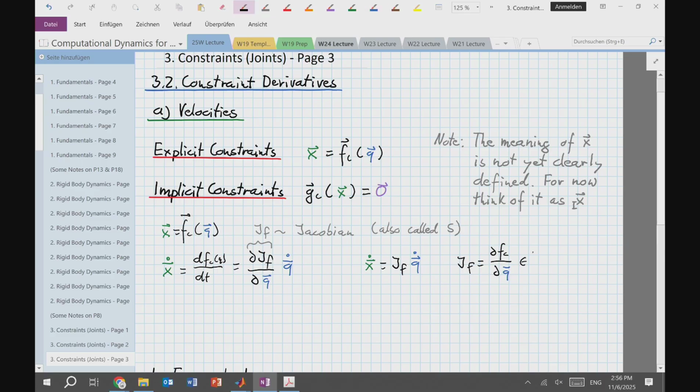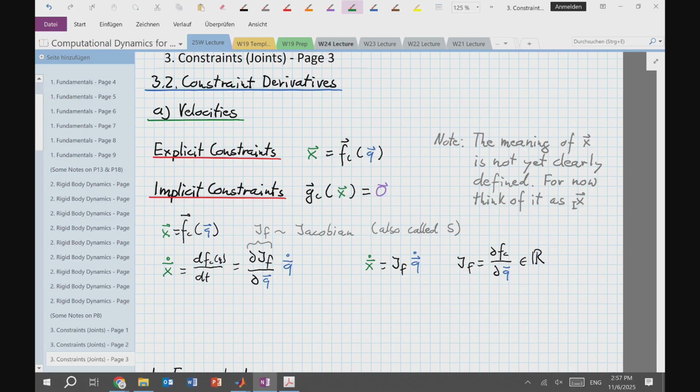which is a matrix. What are the dimensions of J_f? How many rows? How many columns? Partial derivatives.